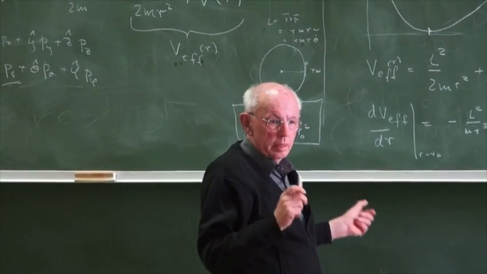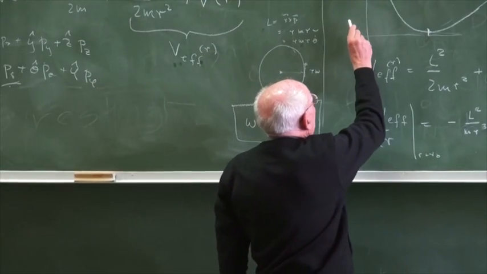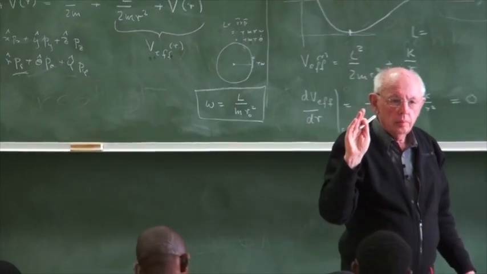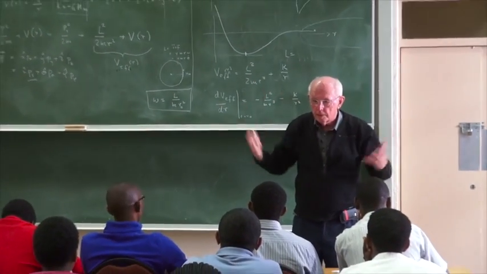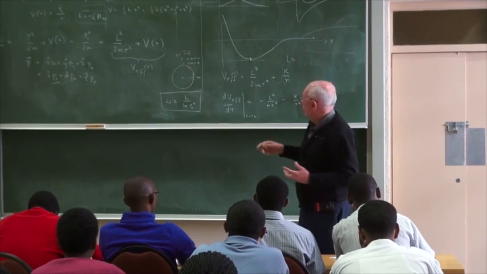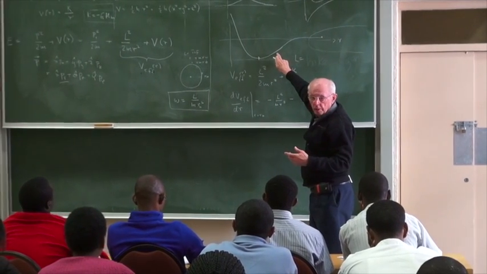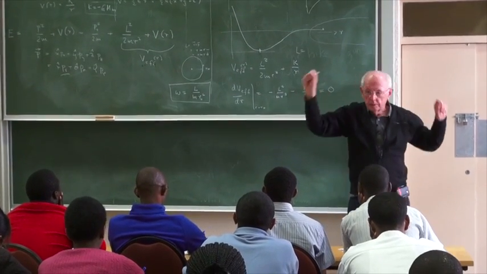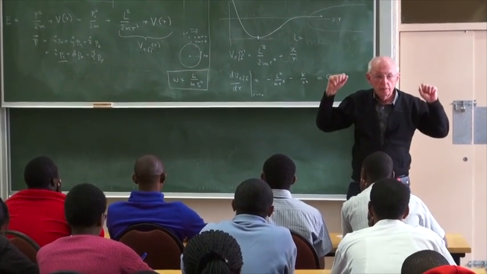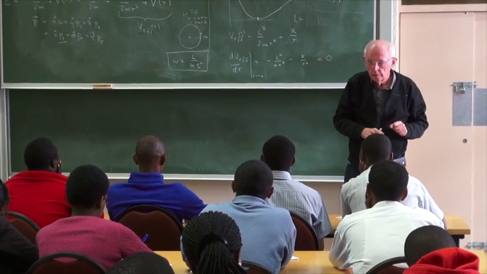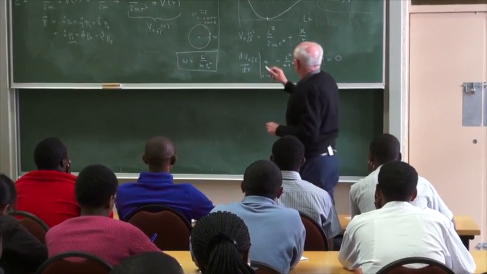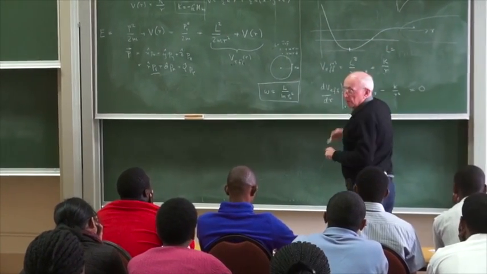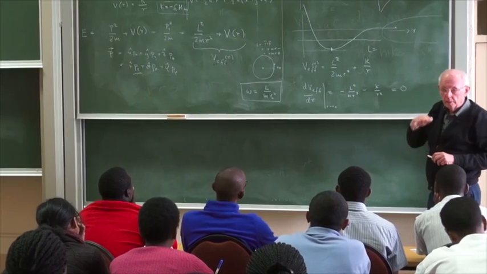Now, the next point is, I decide to give the thing more energy without giving it more angular momentum. The angular momentum stays the same. So I stay on this curve, because that curve is fixed once I have fixed the angular momentum. But I give the system more energy. So it gets more energy, and that is the energy it has.